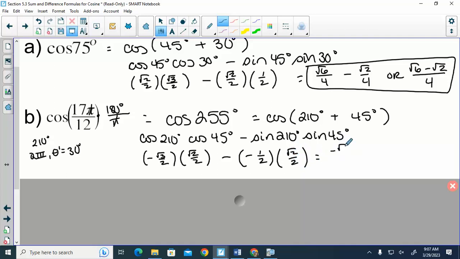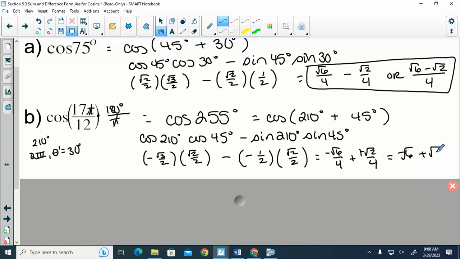So if I multiply the tops and multiply the bottoms, we get negative radical 6 over 4 minus negative radical 2 over 4. Minus and negative would make plus, so you could leave them separate since they do have a common denominator.